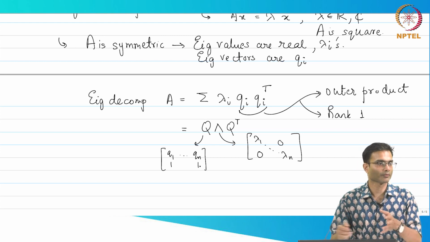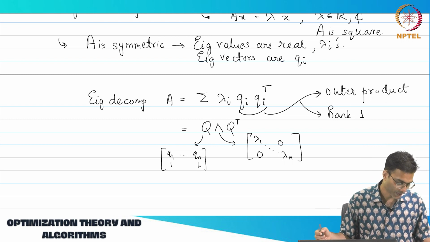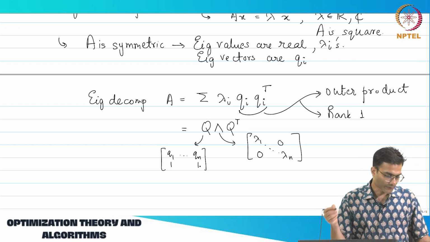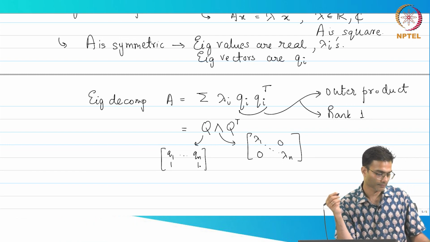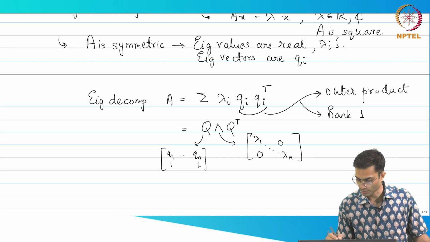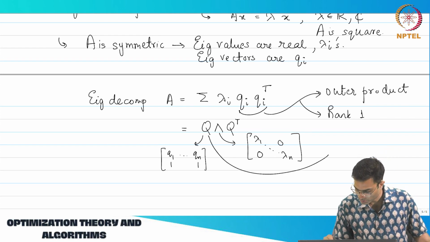You can verify that once you open this up, you get the same expression as before. Is there something further special about this Q? Can someone remember what it is? It's an orthogonal matrix.